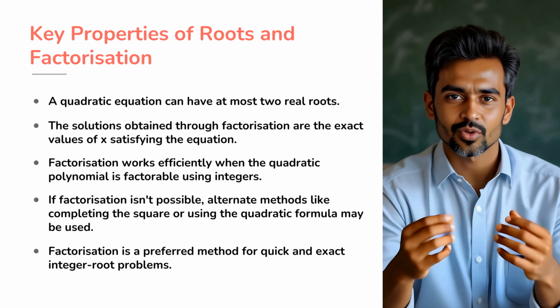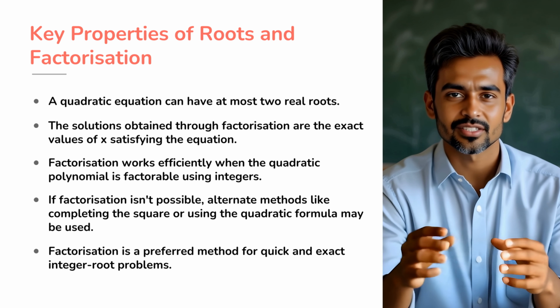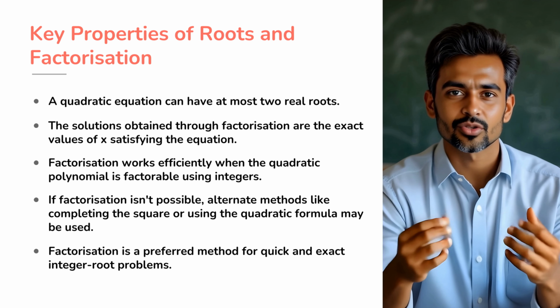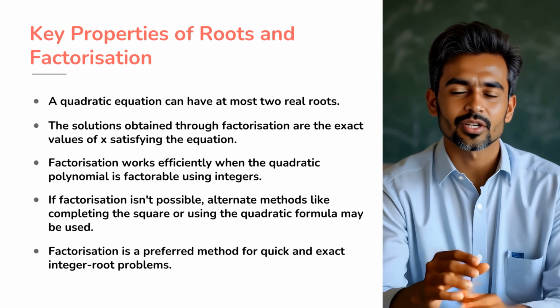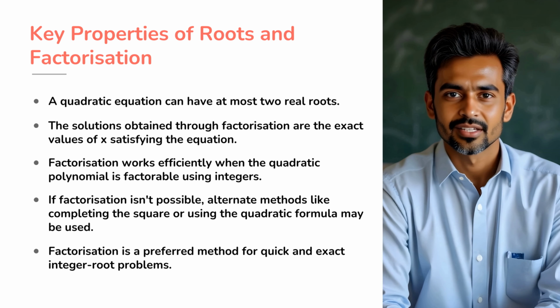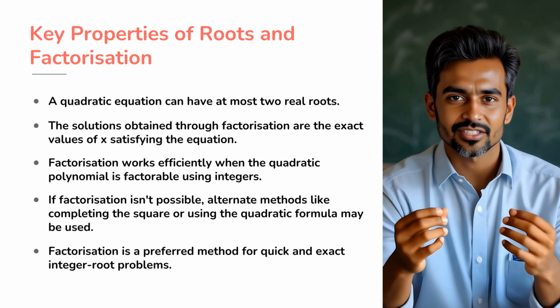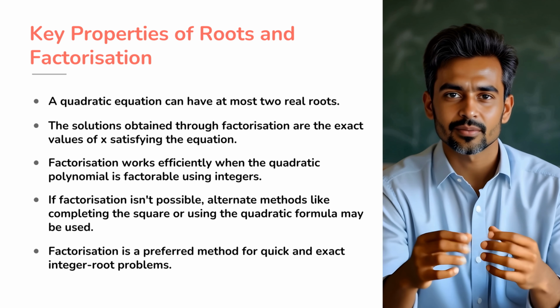It's quick and clean when you're dealing with nice, factorable integers. But sometimes, if the numbers don't play nice, you might not be able to factor easily. In such cases, we'll use the quadratic formula or complete the square. Still, factorization is a fantastic first method to try, especially in school-level questions.